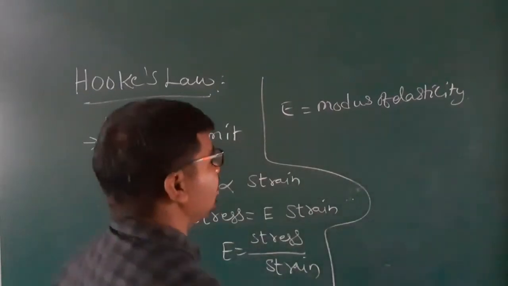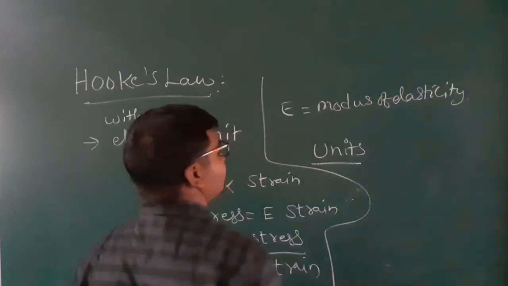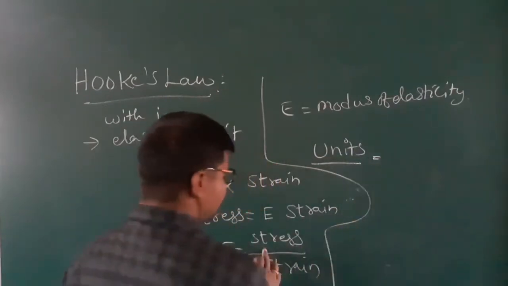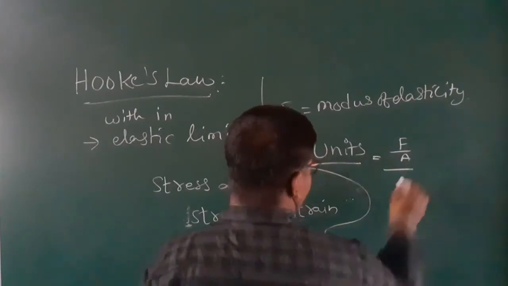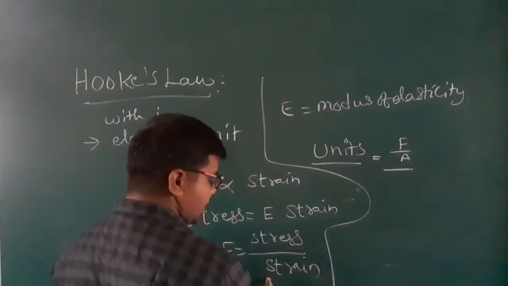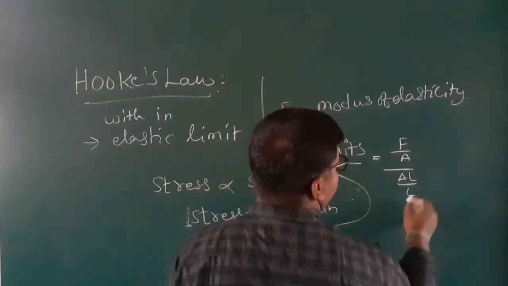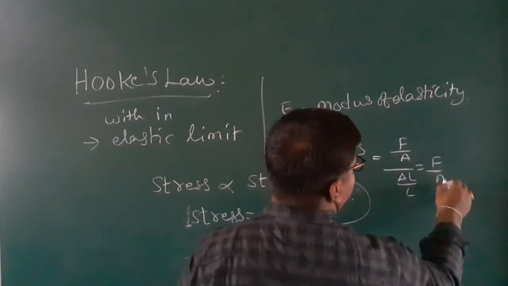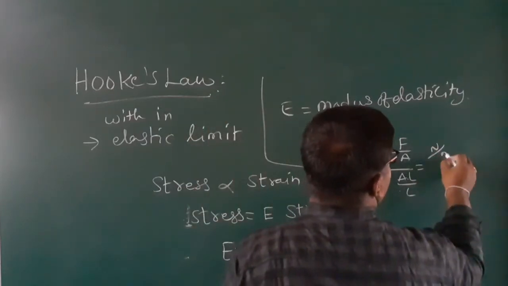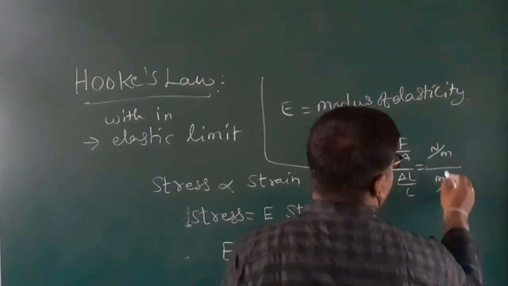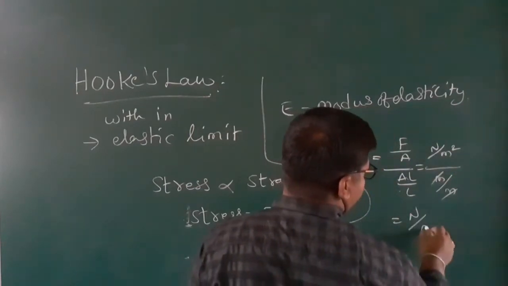Now the units for the elastic modulus. Stress is force per unit area, and strain is change in length by original length, delta L by L. Strain has no units, so the units are Newton per meter square, the meter cancels.